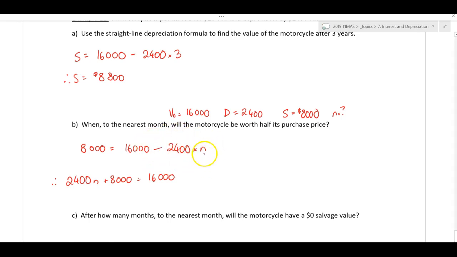The 2,400 N cancels the negative 2,400 N on the right hand side off. That's gone, and it puts 1 on the other side. Now I'm going to subtract 8,000 from both sides, and I get 2,400 N equals 16,000 minus 8,000. Remember, you don't have to show this every time. Equals 8,000. Now I divide both sides by 2,400.